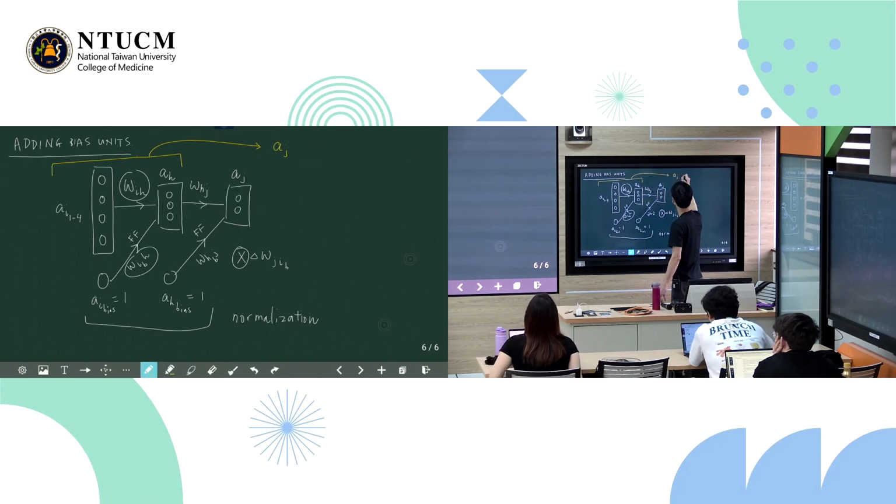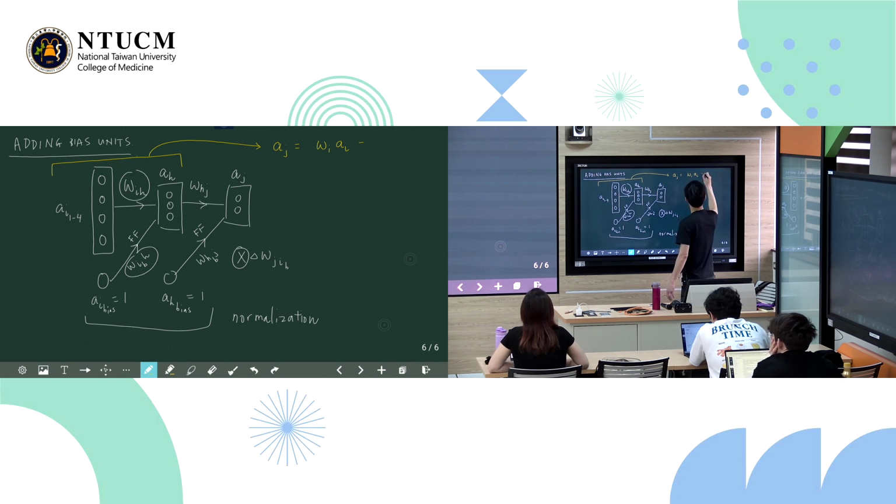Simply put, the AJ is going to be equal to, sorry, there is no vector here.